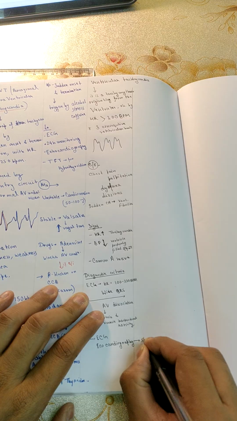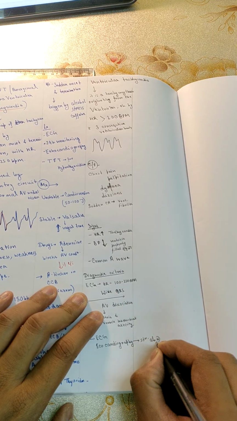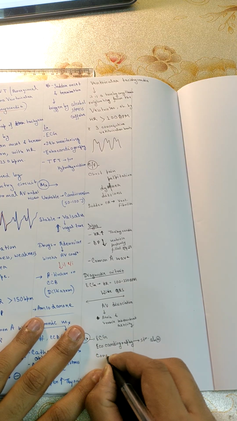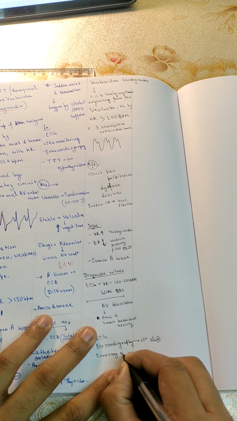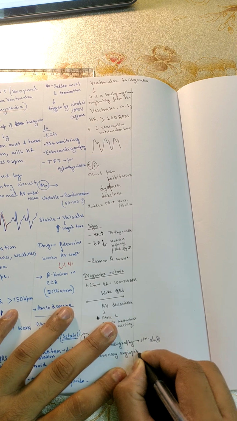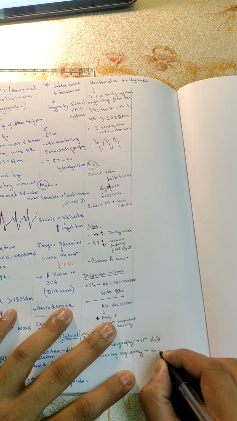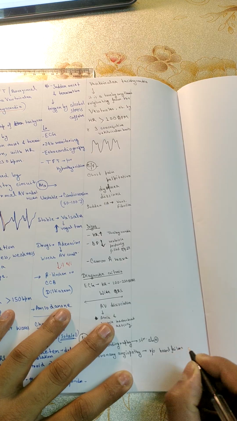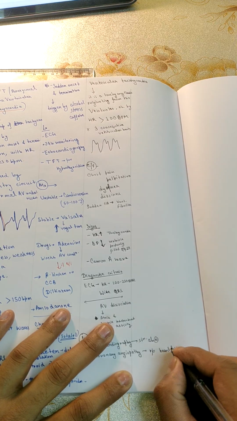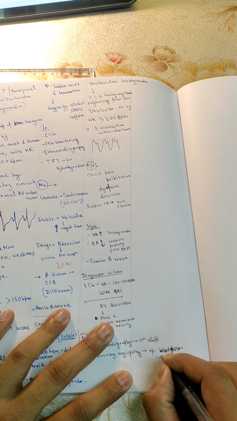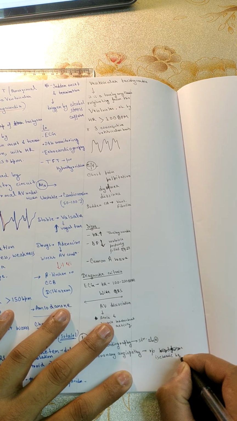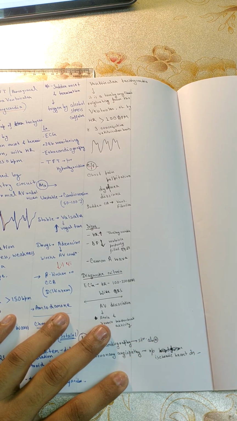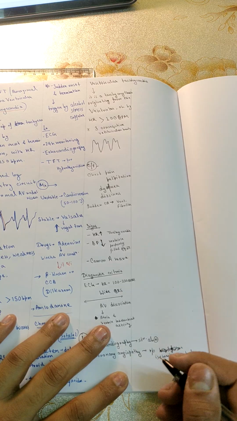Next is coronary angiography to rule out ischemic heart disease. Then electrophysiologic studies, EPS.